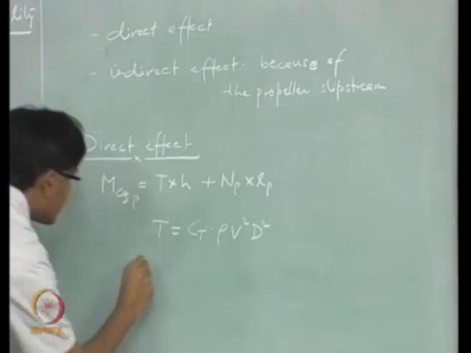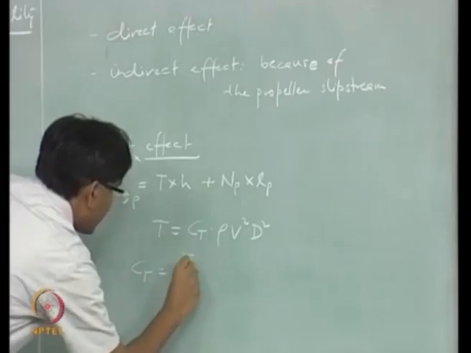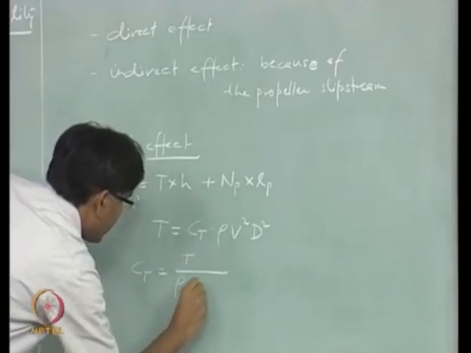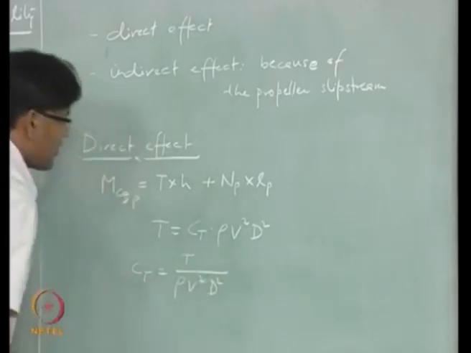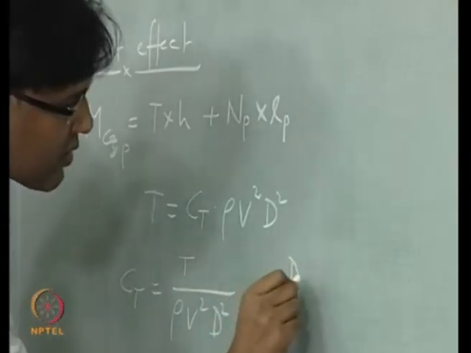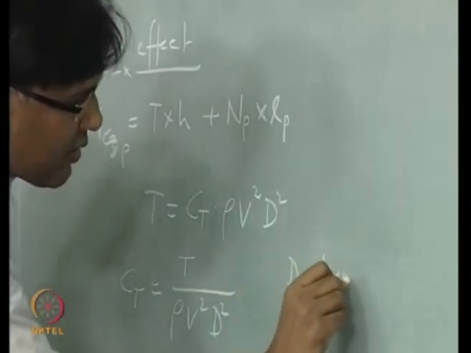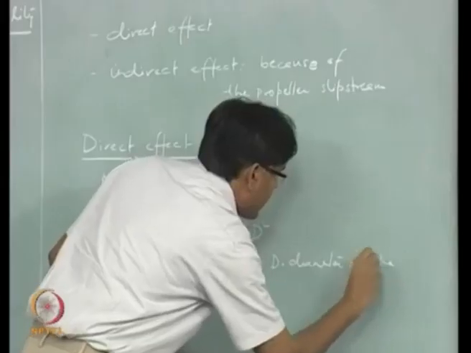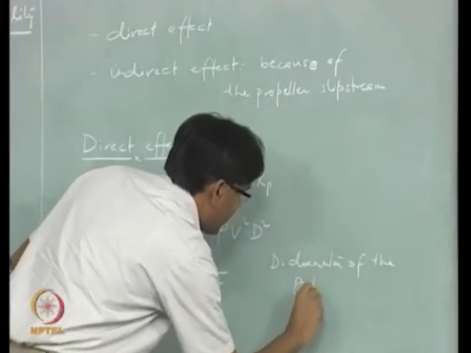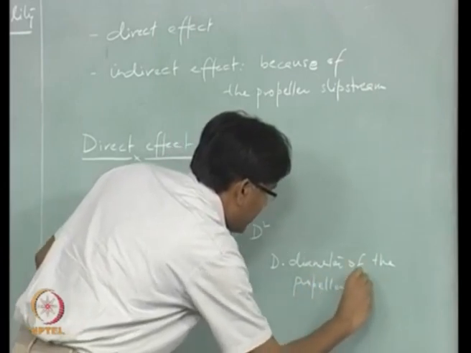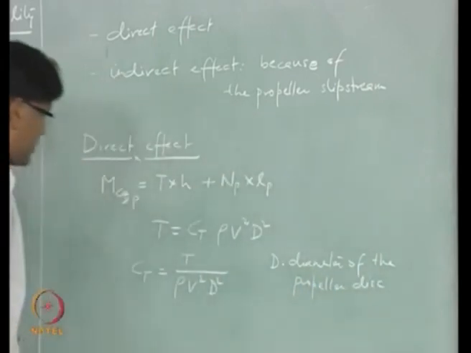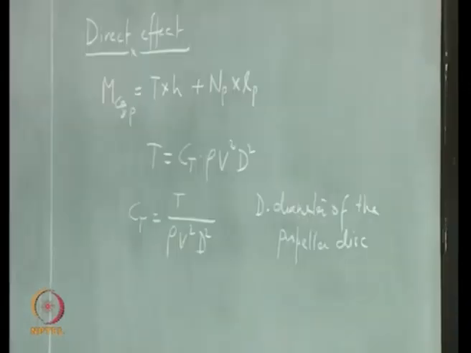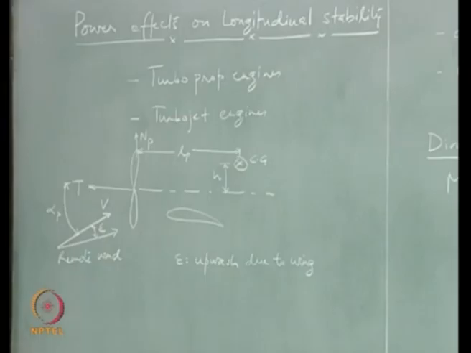So, Ct is defined, and V is this, okay, relative wind speed.